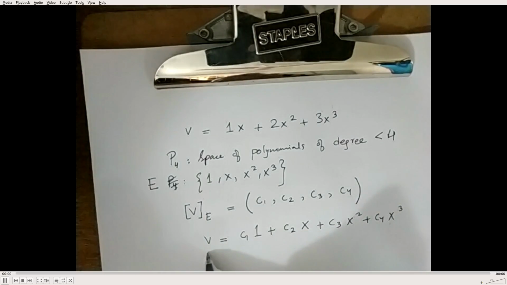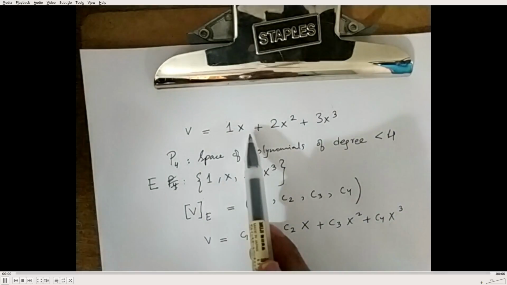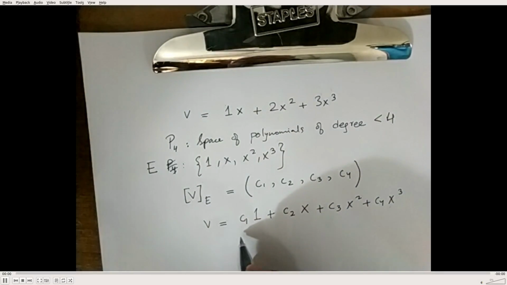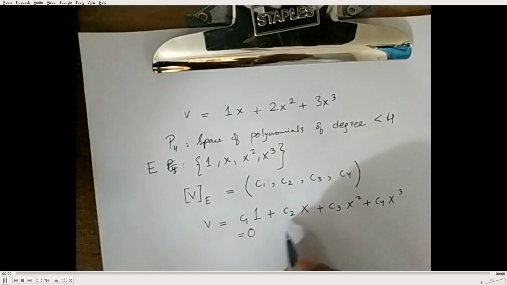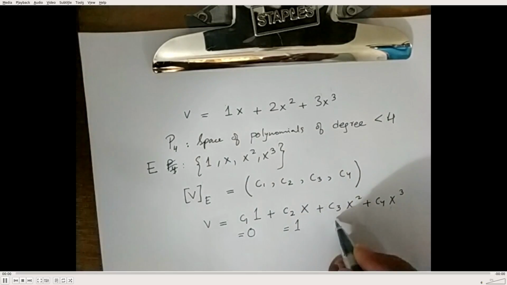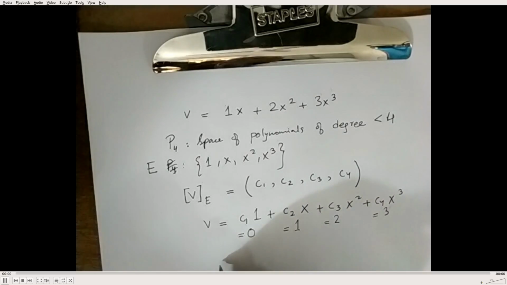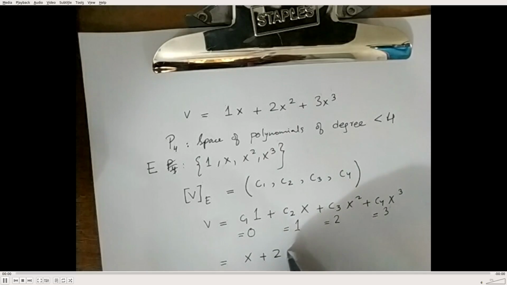And if you notice, you can already compare these two representations. You can see if I set c1 to be equal to 0, c2 as 1, c3 as 2, and c4 as 3, then I will just get x plus 2x squared plus 3x cubed.